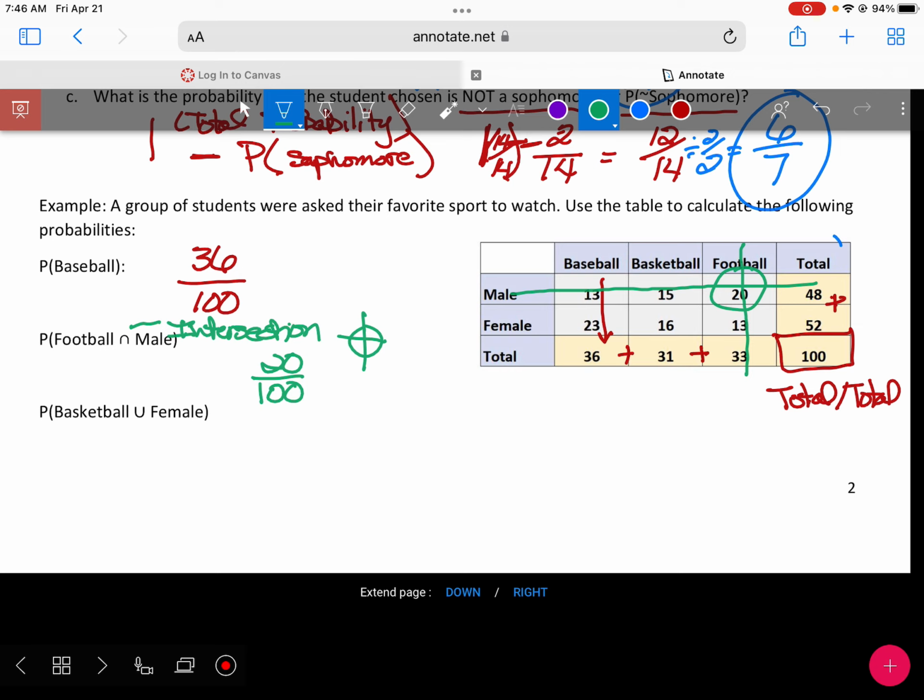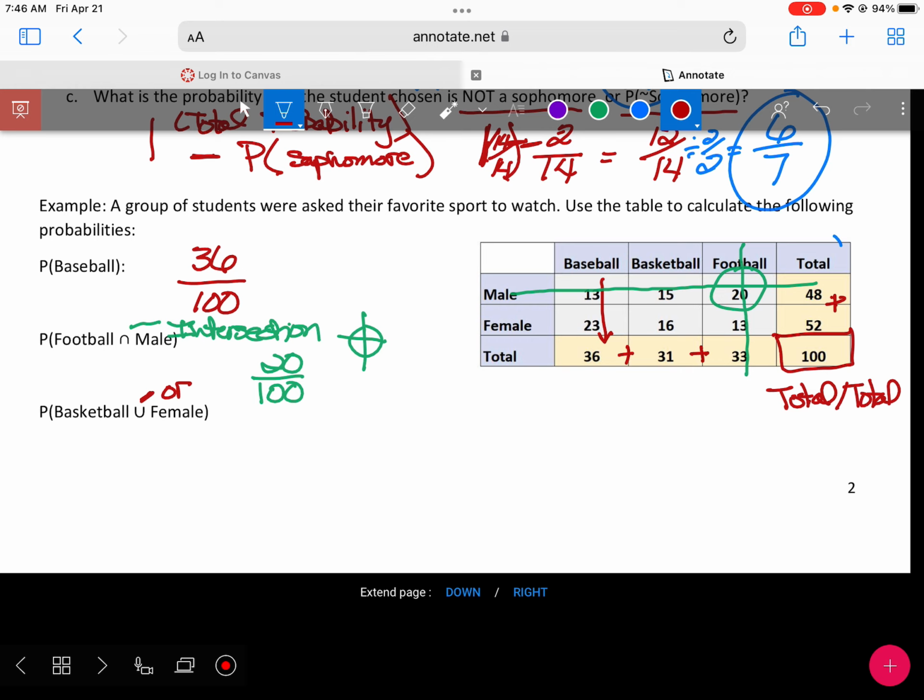Now, the next one is the probability that basketball is their favorite sport to watch or that they are female. So this is an or. Okay? This is or.